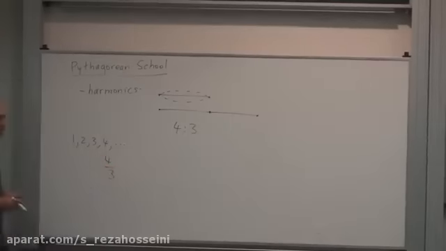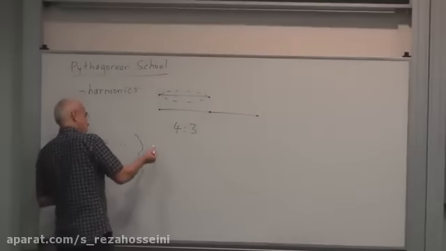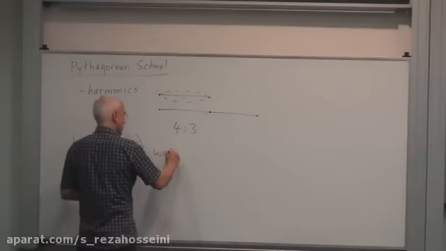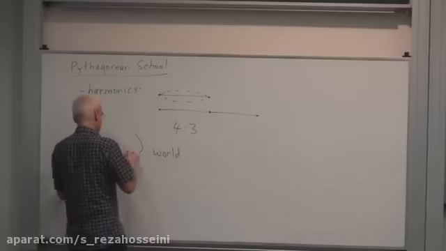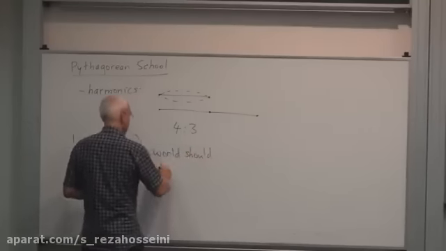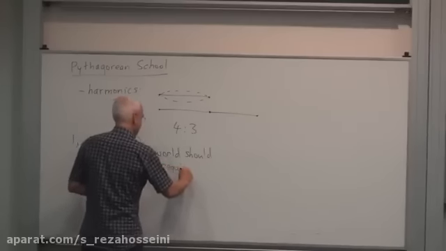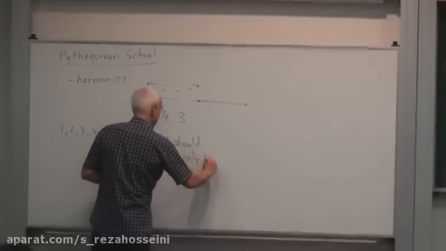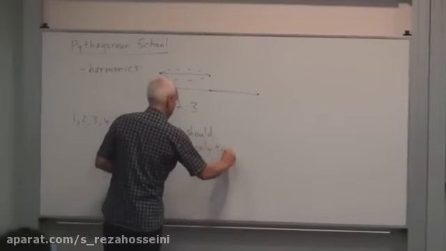Okay, so their idea was that the universe, the world, should be explainable only in terms of these kind of numbers.